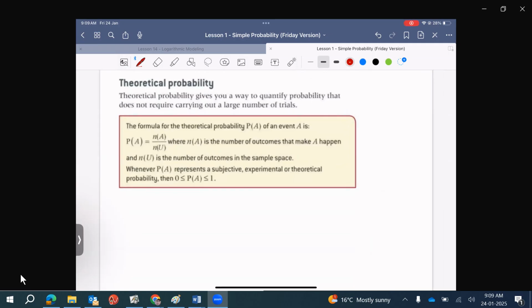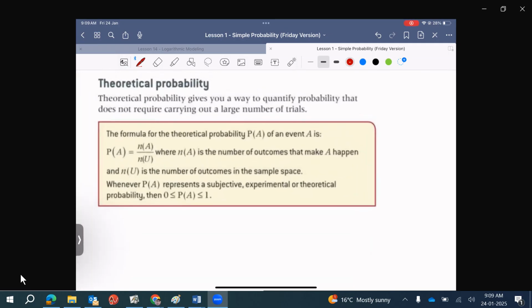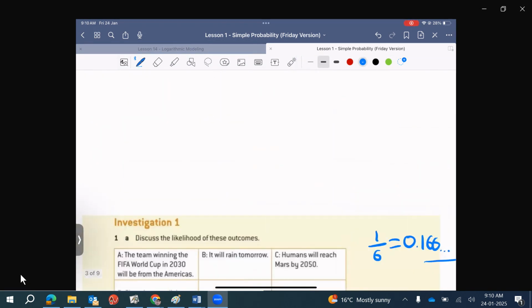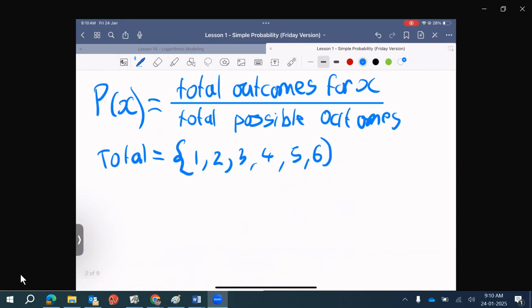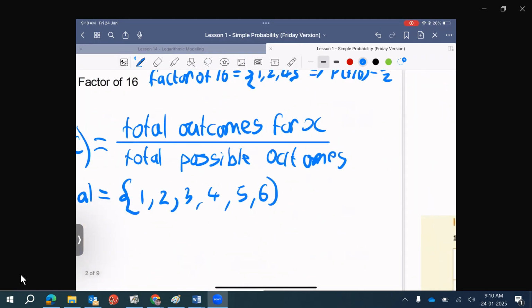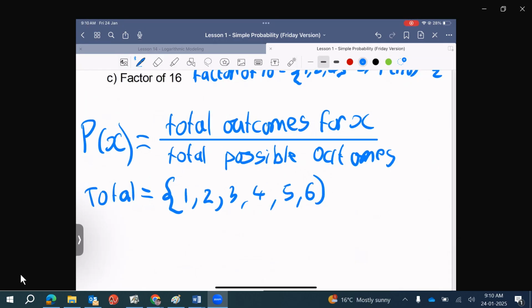So theoretical probability, as we have seen, is the number of elements in the event divided by the number of elements in the total sample space. So I talked earlier about it being the total outcomes in order to get x divided by the total number of possible outcomes.